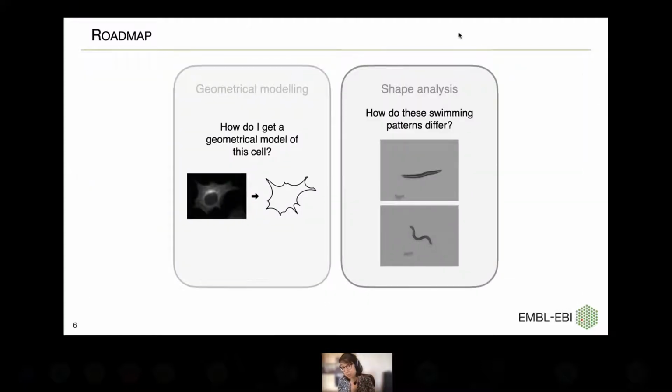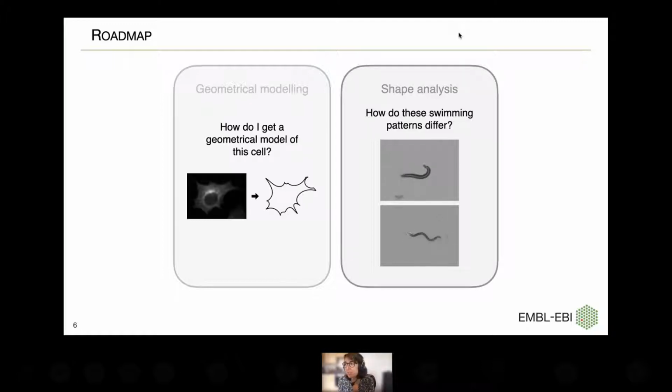So that's where we are heading, but obviously this is a big task. So we are doing that step by step. And what I want to tell you about in this presentation are two tools that we are developing to reach this goal. The first one falls in the category of pure geometrical modeling. So this is essentially, how do we get geometrical models out of microscopy data?